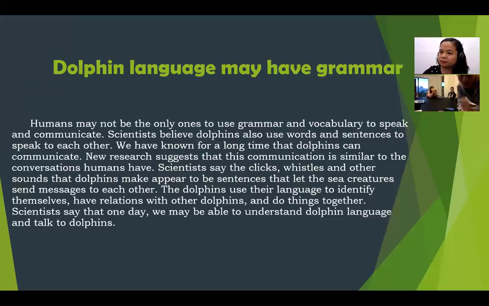We have known for a long time that dolphins can communicate. New research suggests that this communication is similar to the conversations humans have.